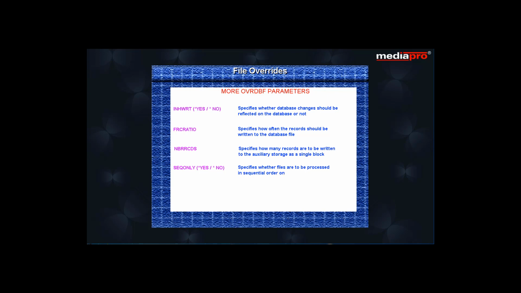We can also specify the number of records in a block. The end of file delay parameter is used to specify the number of seconds that a program should wait when it encounters an end of file condition before attempting to retrieve a record again.